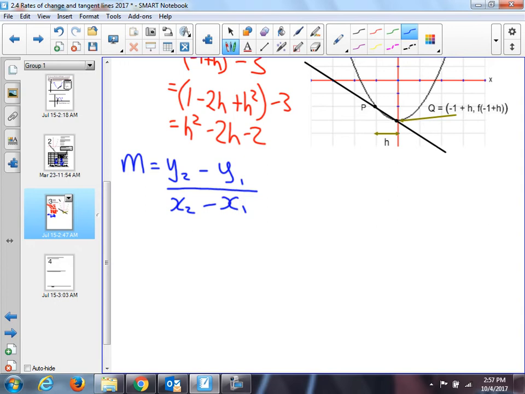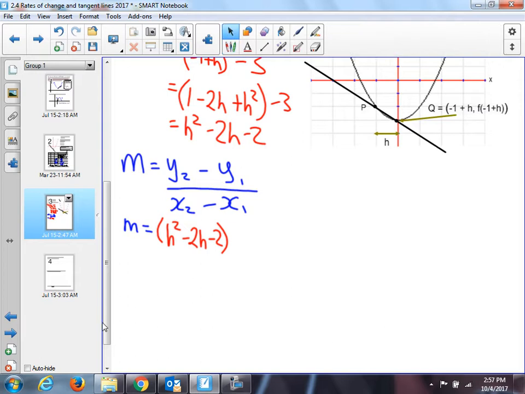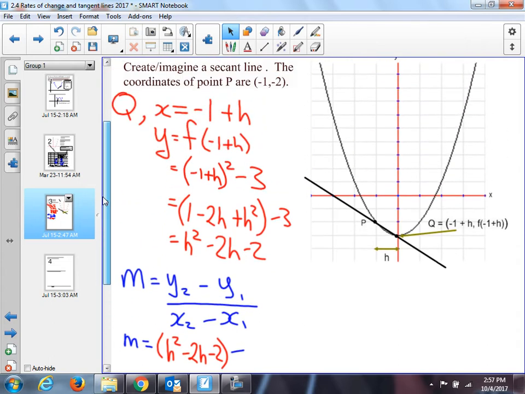Okay? Now, my second point is going to be q, so I'm going to plug in for y, h squared minus 2h minus 2. I'm using red so you know where it came from, right? Because it'll work above.